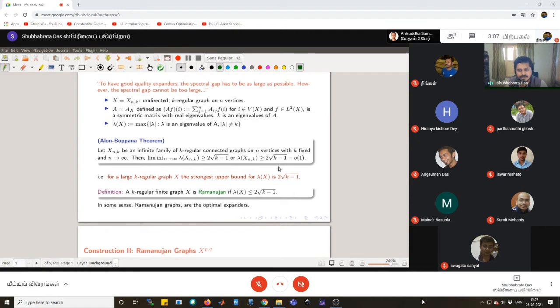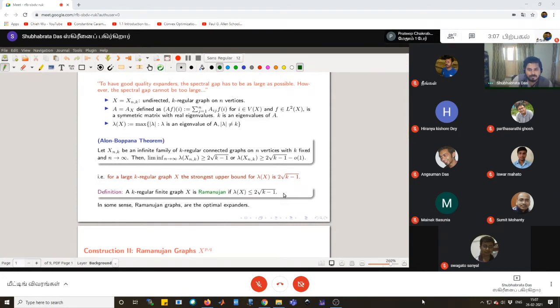So it tells us that for a large k-regular graph X, the maximum we can expect is 2 times the square root of k minus 1.